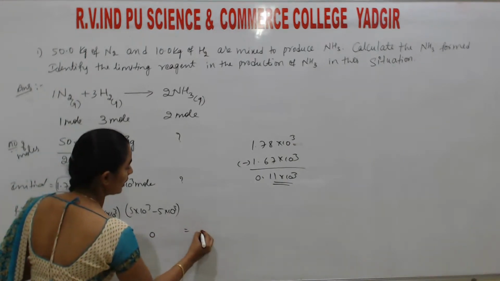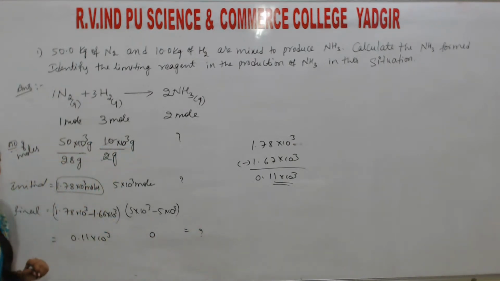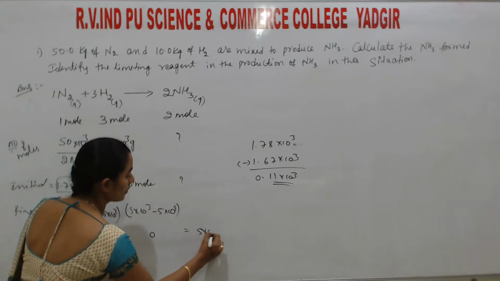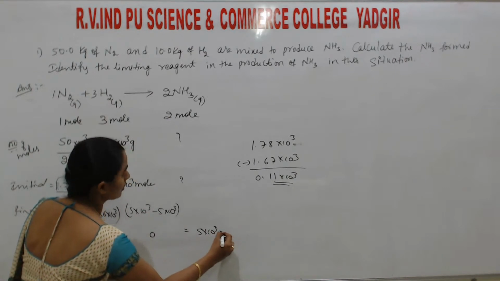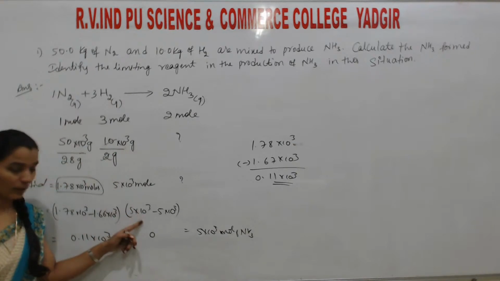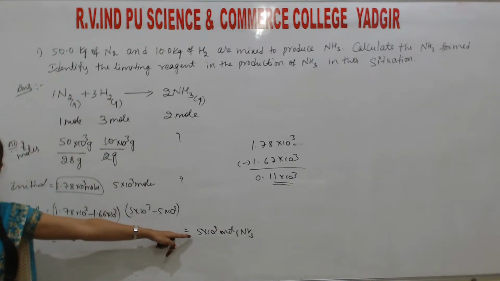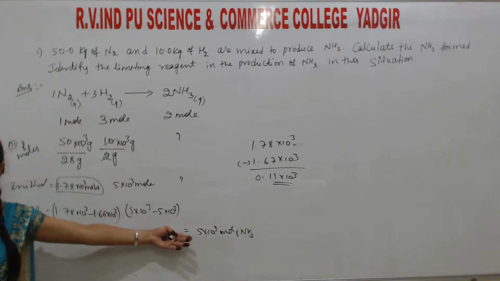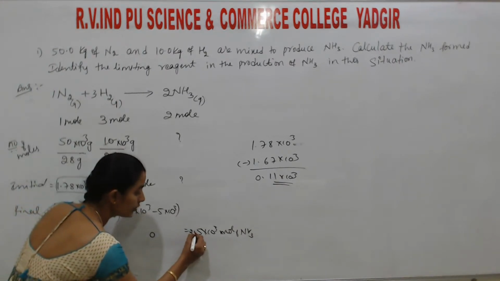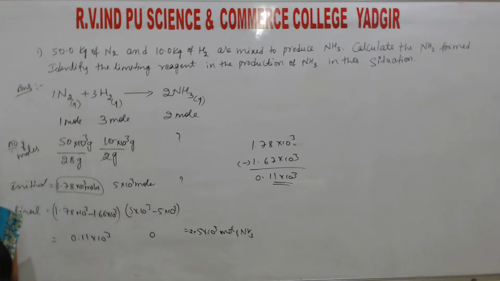Then here we will find the final value: 5 into 10 power 3 into moles of NH3 will form, because the number of moles of this gives the number of moles of NH3 formed. Understood? This becomes 2 by 3 into 5 into 10 power 3.